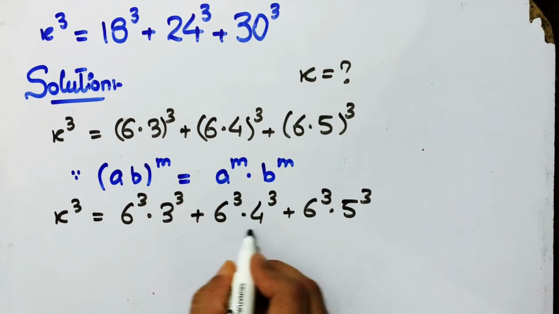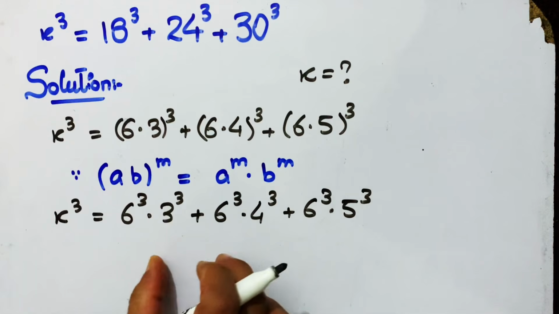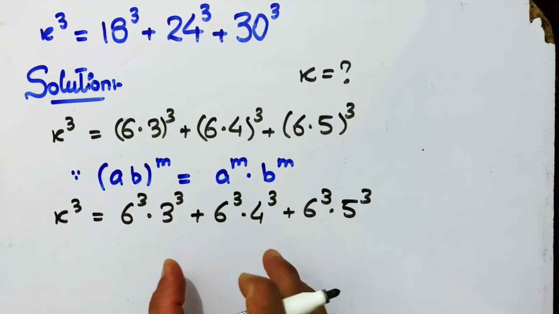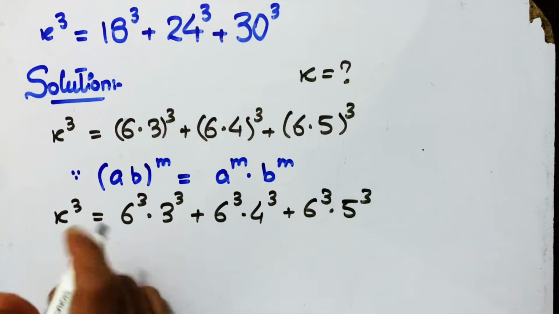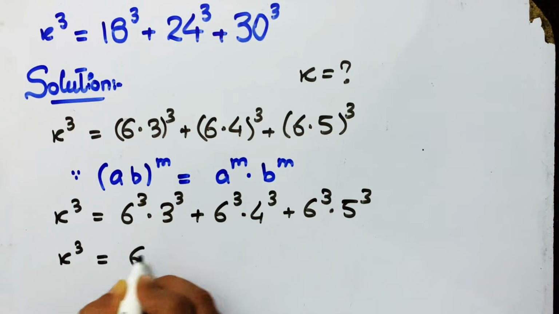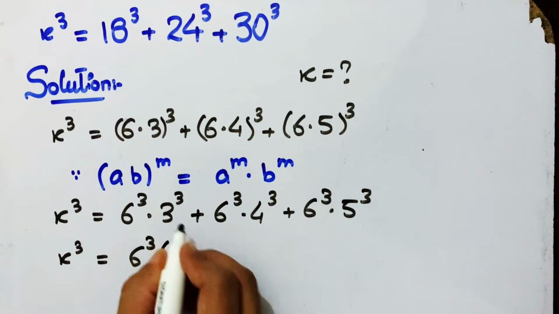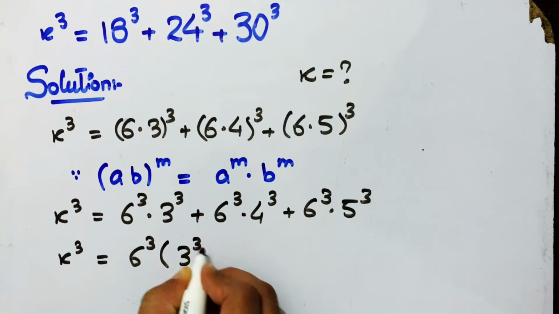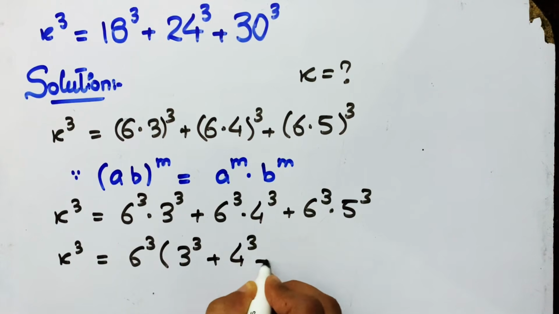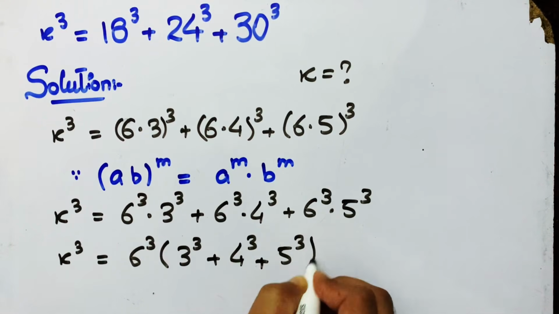This term is different, this term is different, this term is different, but all three terms have 6 cubed. So now I take 6 cubed common, and the remainder is 3 cubed plus 4 cubed plus 5 cubed.